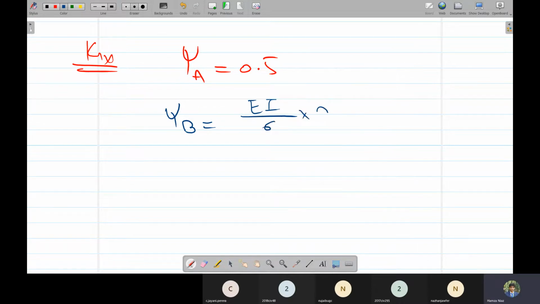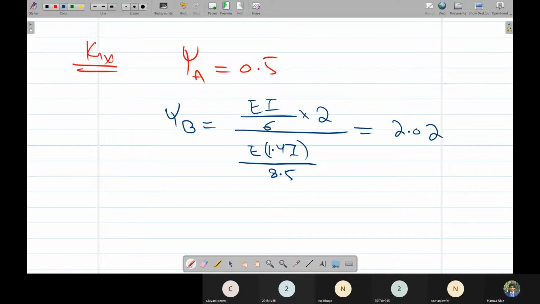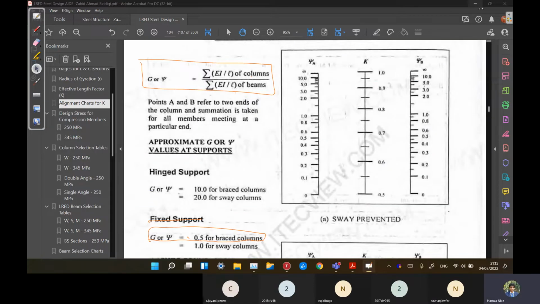As there are two columns, we multiply it by 2. For the beam, E times the beam's moment of inertia, 1.4I, and the length is 8.5. If we solve this, our value comes to about 2.02. So we have psi A and psi B. Psi A is 0.5, psi B is 2.02, almost 2.